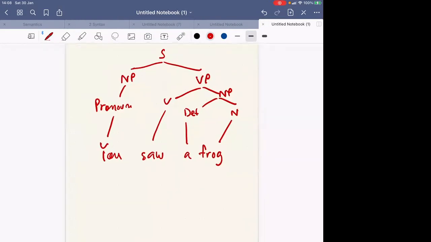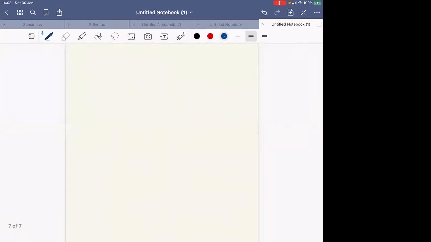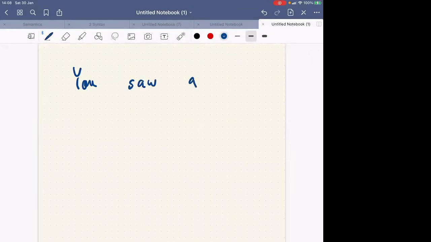I'm going to call this sentence DS, or deep structure sentence. So from the DS, now I'm going to use transformation rules to get you to the SS. So let's put the DS here. You saw a frog. Let me move just a little bit so that I have some room to write the explanation.